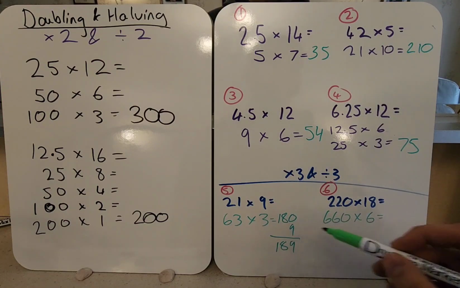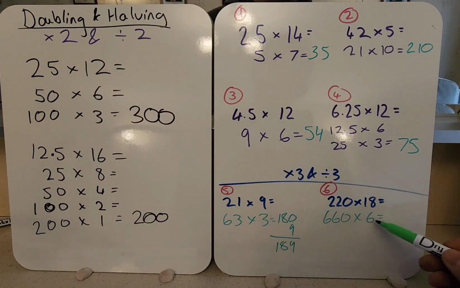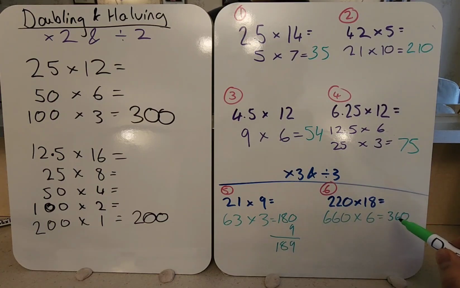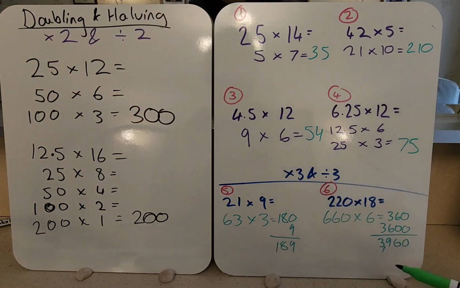And I'm going to do it the other way around just to show you it can be done either way. 6 times 60 is going to be 360. And here, 6 times 600, with just these numbers, but a column moved along. Okay, and now we can add these up. We've got 3,960. Hopefully you guys got something similar.